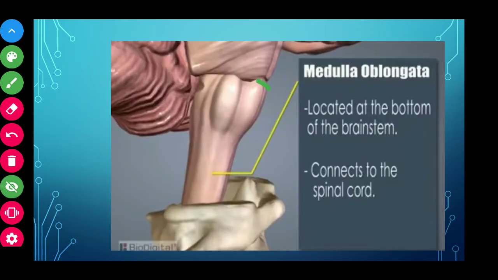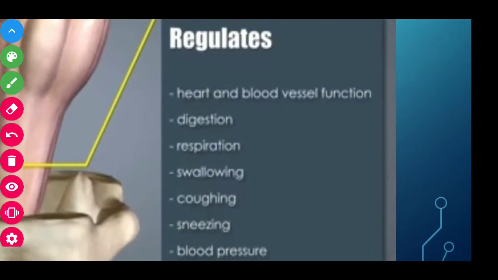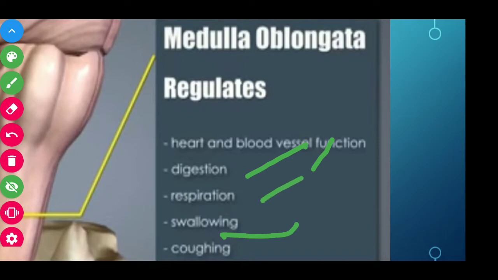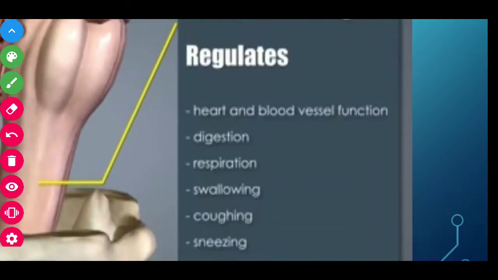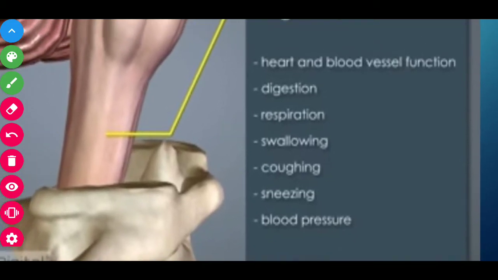Next, medulla oblongata, the lower part which is connected at the bottom of brainstem and connects to the spinal cord. Medulla oblongata is responsible for and regulates heart and blood vessel function, digestion, respiration, swallowing and coughing, sneezing and maintaining blood pressure.